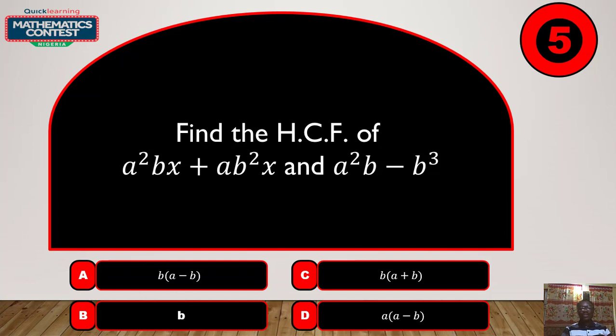I'll give you time to solve it, but the answer is option C, b into the bracket a plus b. The reason is that when I factorize, I have b into the bracket a plus b here. Now this a squared b minus b cubed, I can write as b into a squared minus b squared, which is a difference of two squares, so the answer is actually this.